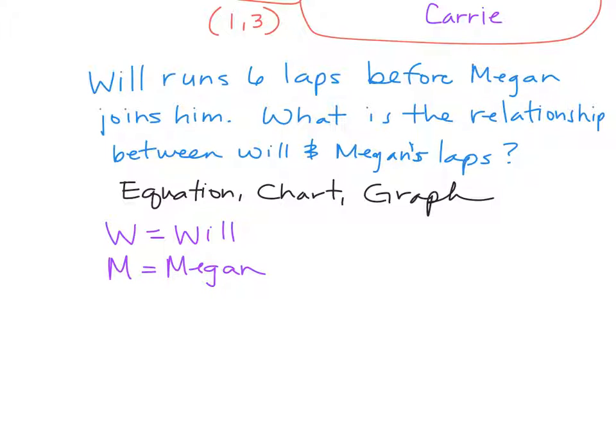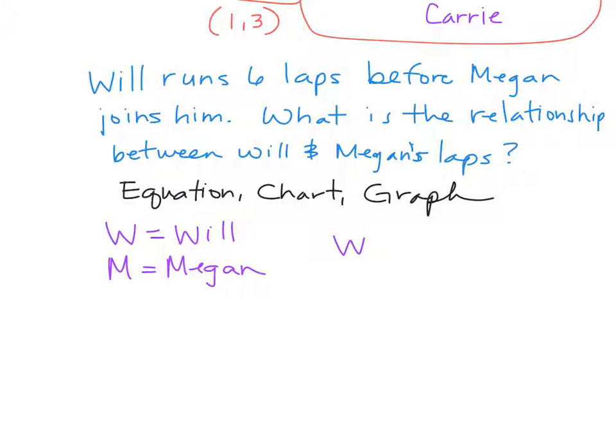Can you tell me what our equation would be? W equals M plus 6. So it says Will runs 6 laps before Megan joins him, right? So Megan has to add 6 laps before she gets to Will's number. So Megan plus 6 will equal Will.